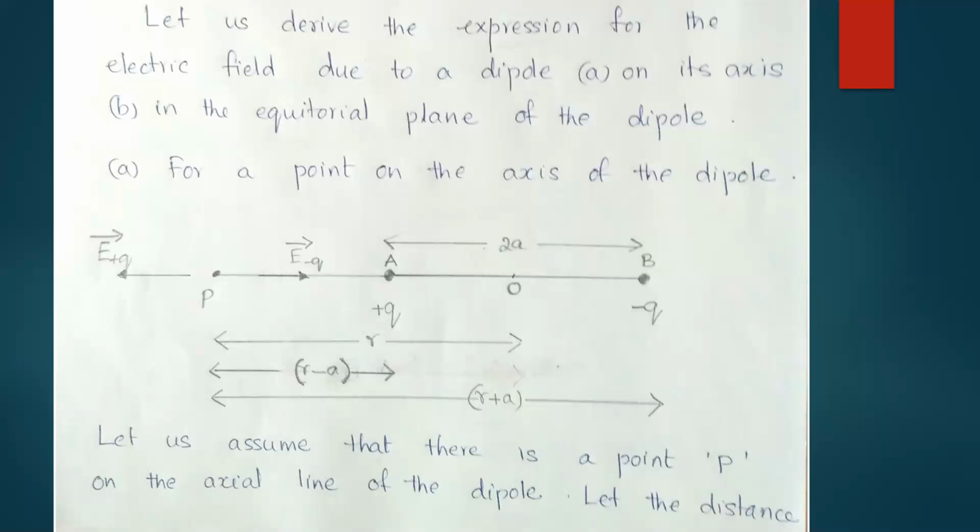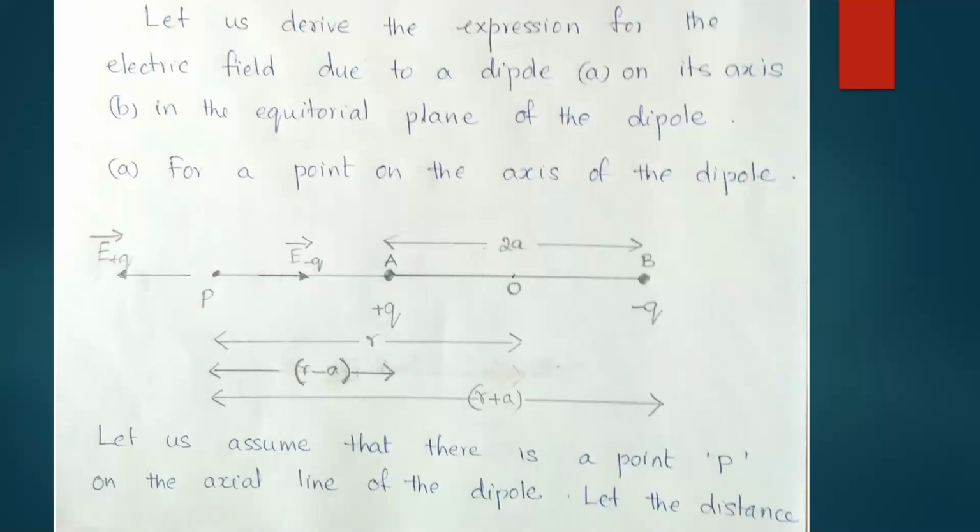Now, one more thing we have to observe: the electric field is a vector. It has direction. For a positive charge, the direction is always outwards. Therefore, in this picture, you can see the electric field due to the positive charge, E plus q, is pointed in the outward direction, that is, from our right to left.